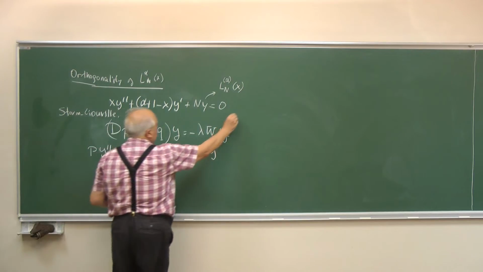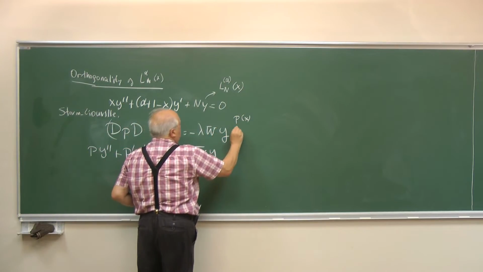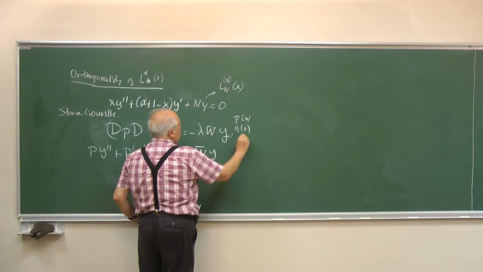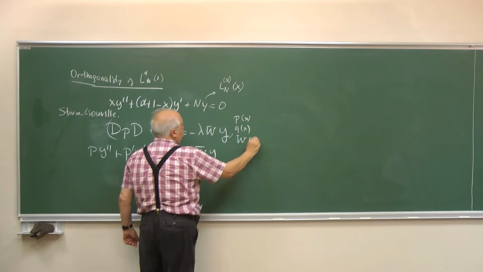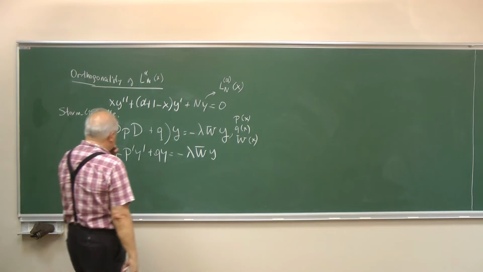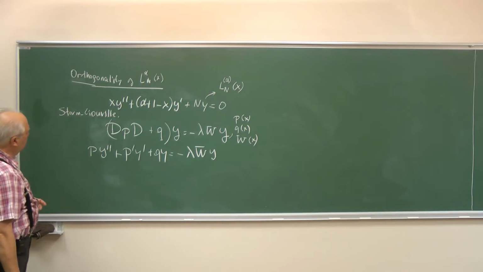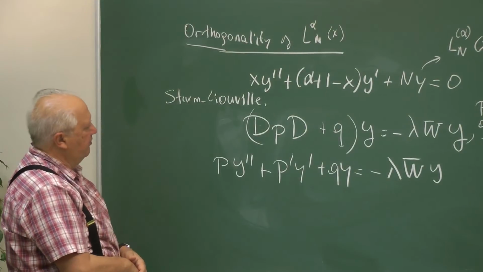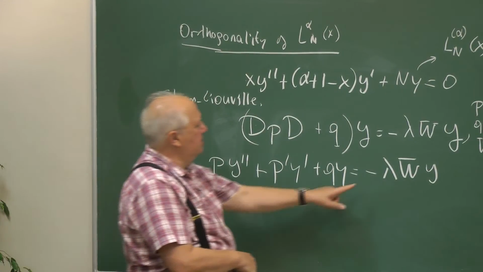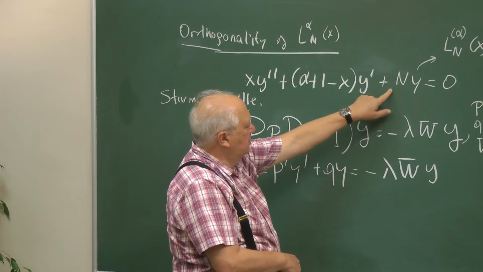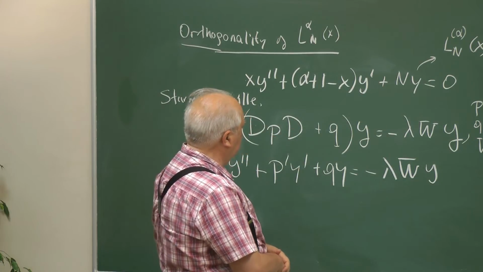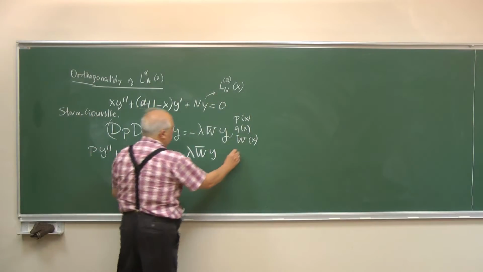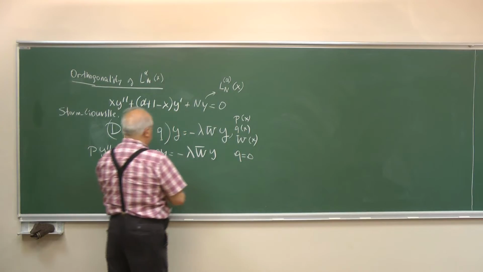Remember, p is a function of x, q is a function of x, and w is a function of x in general. So we will try to find what kind of Sturm-Liouville equation this one is. First, this obviously is the eigenvalue n, and q is equal to 0. So we have q is equal to 0.